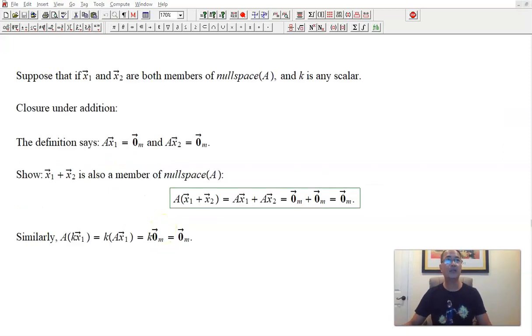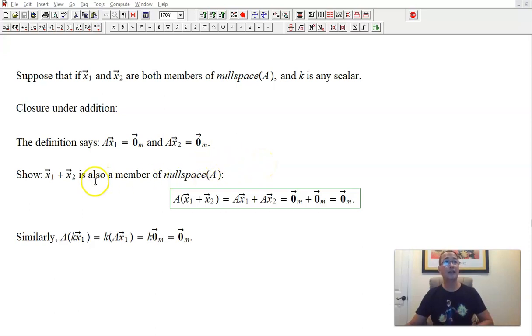So now let's talk about closure. Suppose you have two vectors, x1 and x2, from the null space of A, and k is any scalar. Let's think about closure under addition. If these two vectors are from the null space, then they have to satisfy the equation found in the definition. Ax1 has to be the zero vector 0m, and Ax2 also has to be 0m.